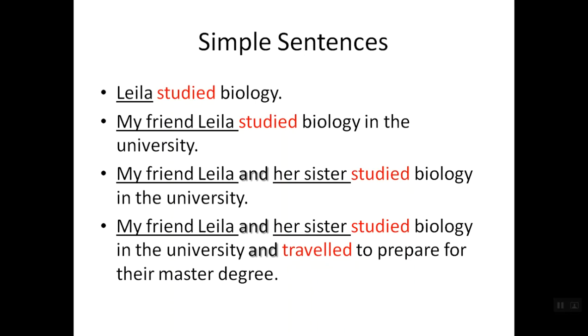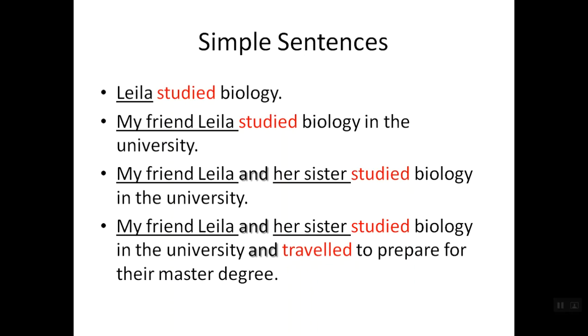Okay? Any problems? We have two people. Okay? But they are doing the same things. And you're going to know the difference now between the simple sentence with compound subjects and compound predicates, and the compound sentence that has two different subjects and two different predicates, two different actions with two different sentences.